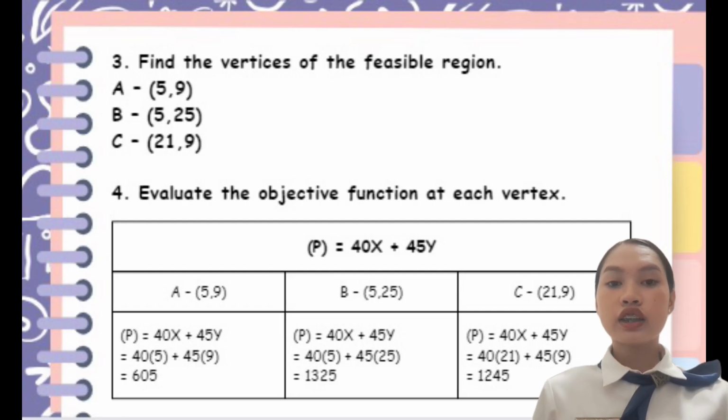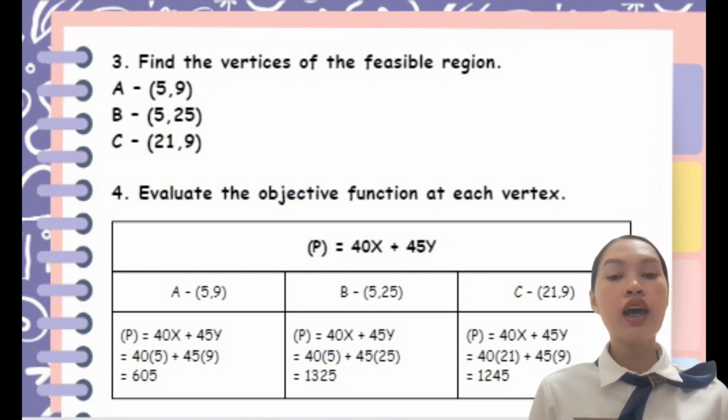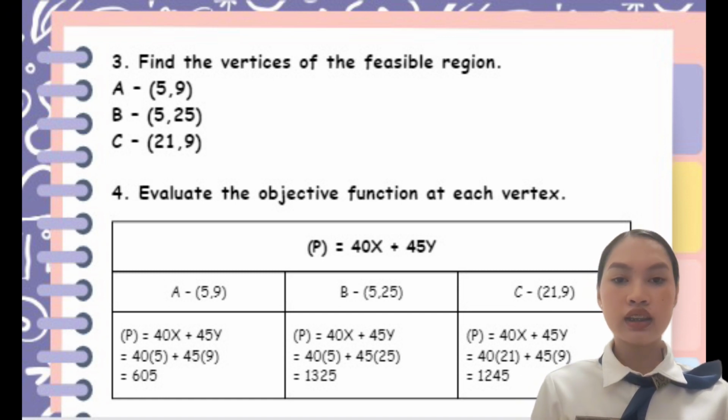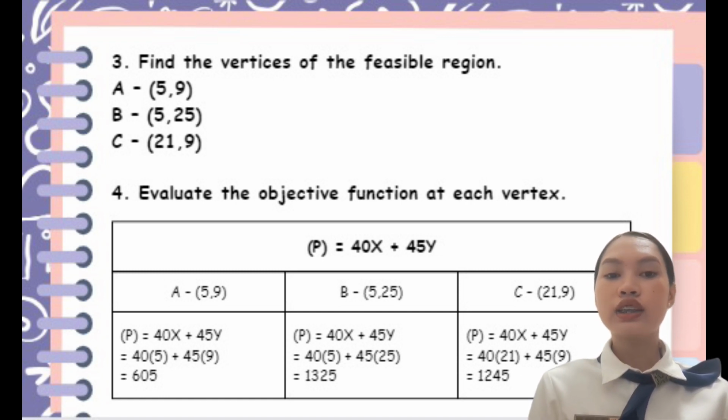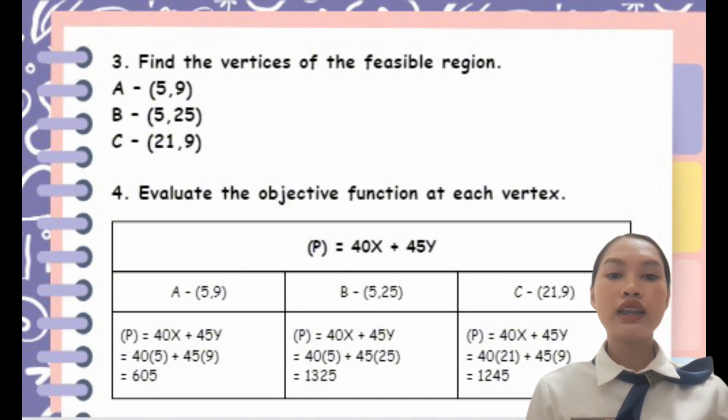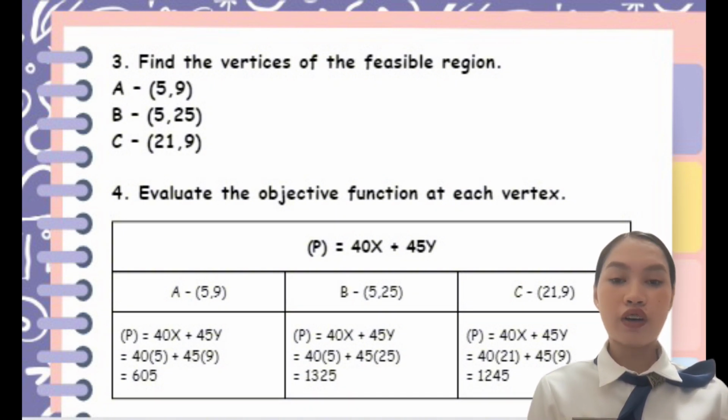The intersection points of the lines representing these constraints determine the vertices of the feasible region. The profit function is maximized at one of these vertices. Now, let's find the coordinates of the vertices. First, the intersection of x equals 5 and y equals 9 is 5 and 9. Second, the intersection of x equals 5 and x plus y equals 30 is the coordinates 5 and 25.